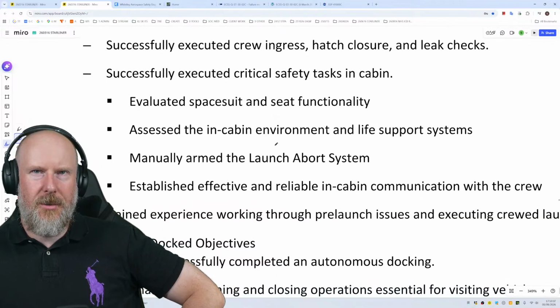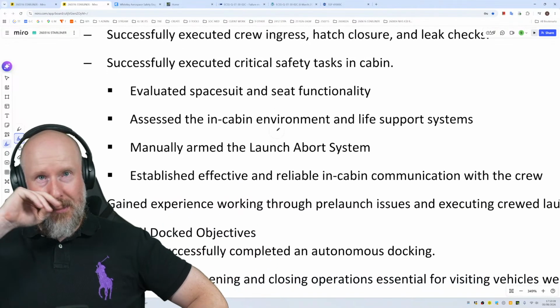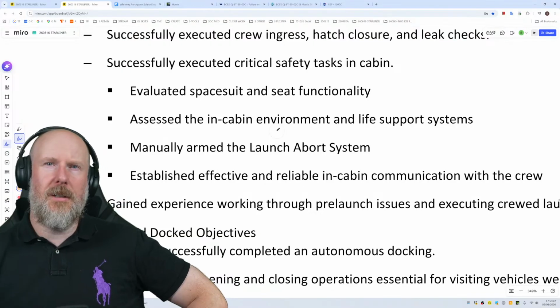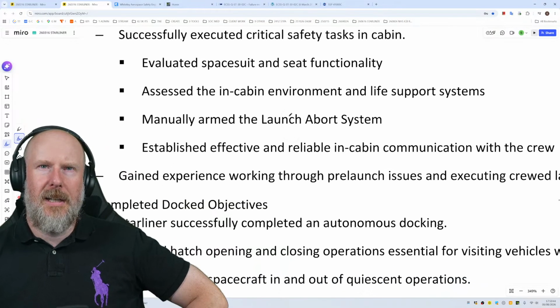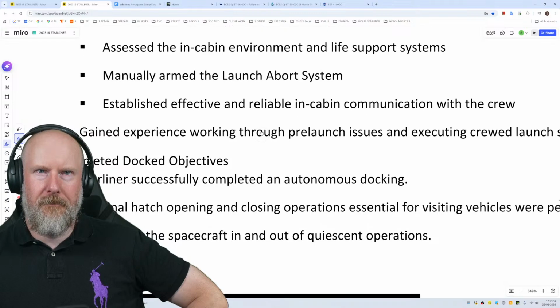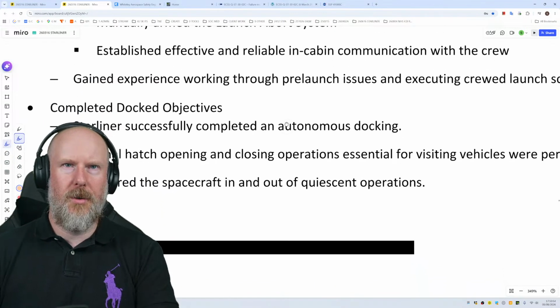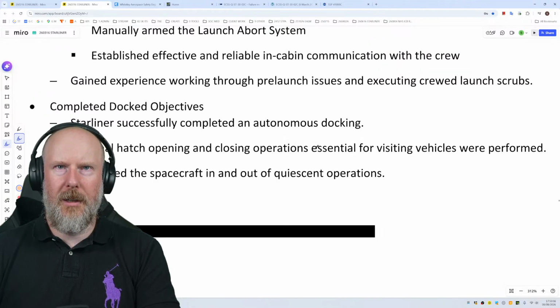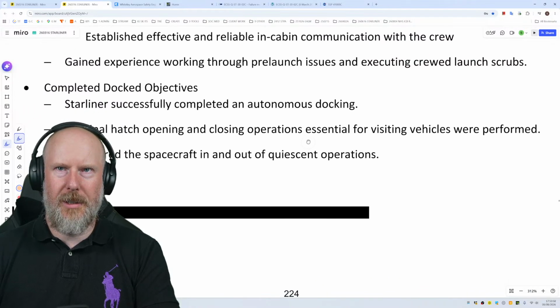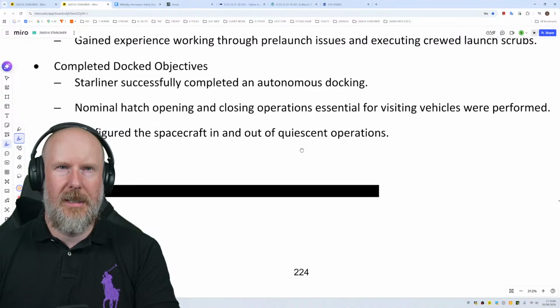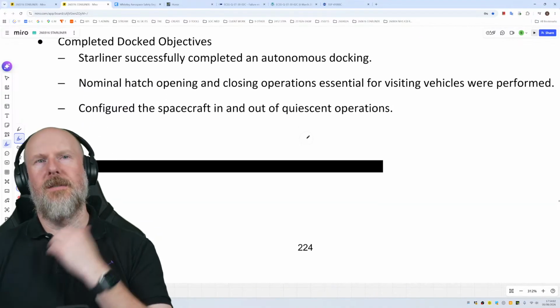Successfully executed critical safety tasks in the cabin, so evaluated spacesuit and seat functionality, assessed the in-cabin environment and life support systems, manually armed the launch abort system, established effective and reliable in-cabin communication with the crew, gained experience working through pre-launch issues and executing crewed launch scrubs.